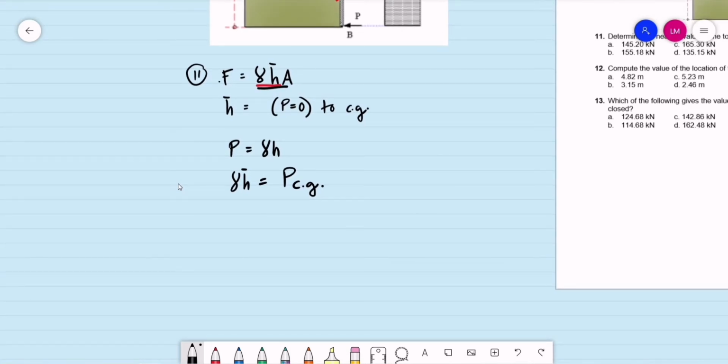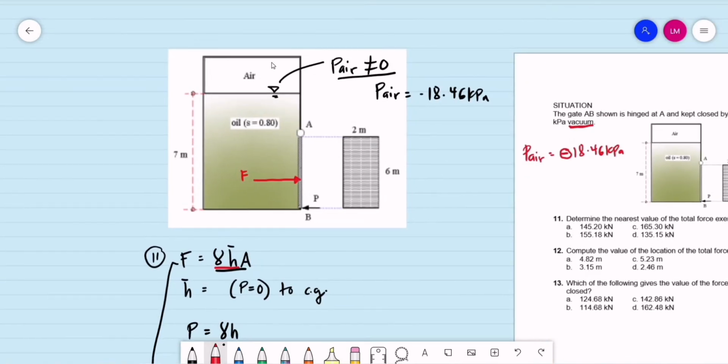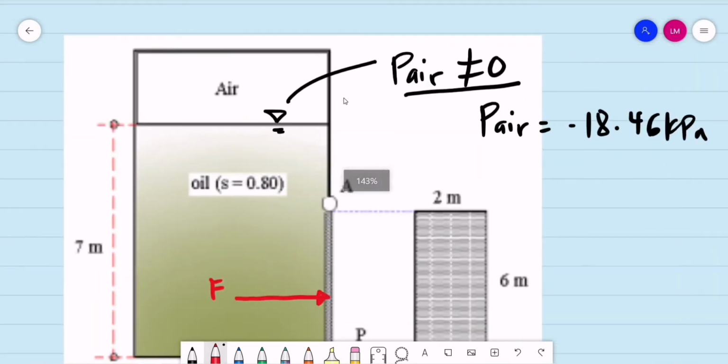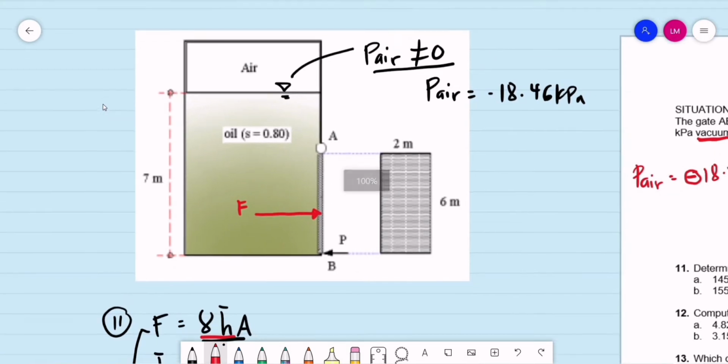So we can have another form or yung ibang appearance ng formula na to. The total force is equal to the pressure on the center of gravity times the area. So basically, kailangan lang nating kunin yung summation ng lahat ng pressure hanggang sa center of gravity kung hindi zero pressure yung surface ng liquid.